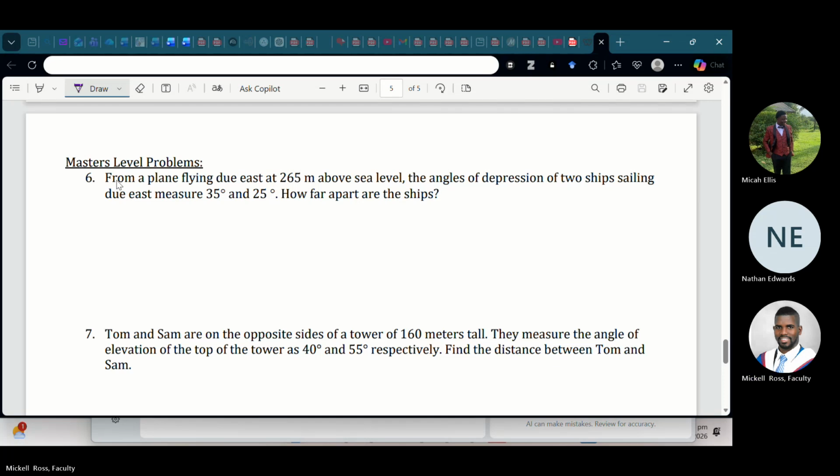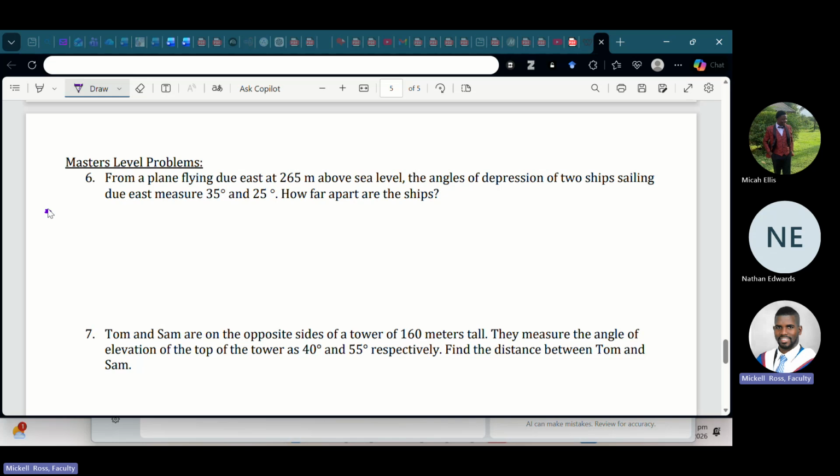So from a plane flying due east, 265 meters above sea level, the angles of depression to two ships sailing due east measure 35 degrees and 25 degrees respectively. How far apart are the ships, right? So here's the plane.